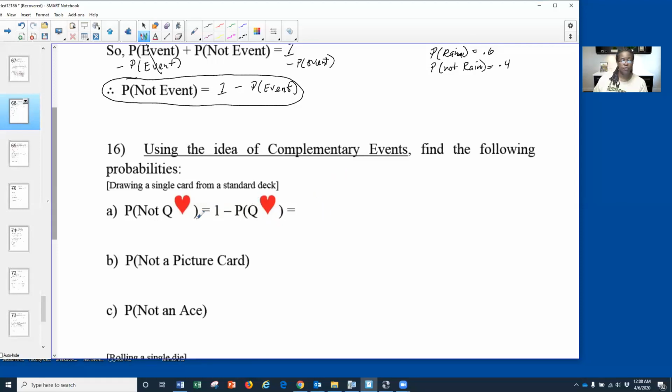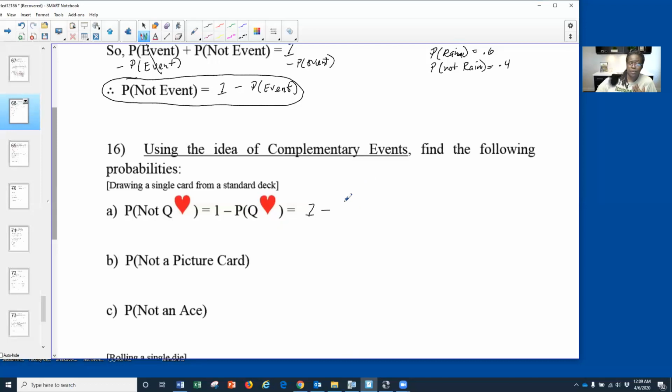So here we are, we're looking for the probability of not getting a heart. So the probability of not getting a heart, what are we going to do? Take this 1 and subtract it from the probability of us getting a heart. What's the probability of us getting a heart? How many hearts are in the deck of cards? We know from our standard deck that it's 13, right?